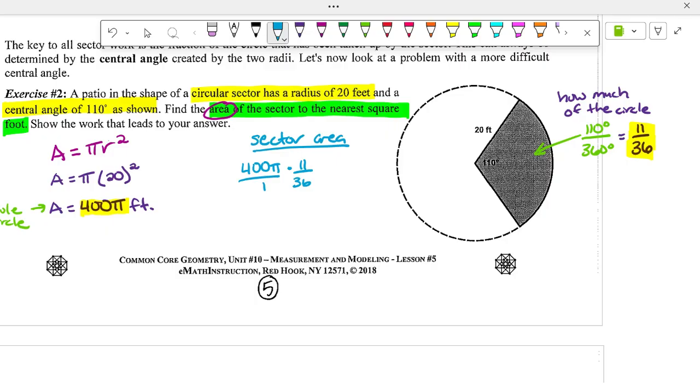What's 400 times 11? 4,400. All over 36, and don't forget the pi up top. Now, what's 4,400 divided by 36? If it's a fraction, just hit math enter to simplify it.